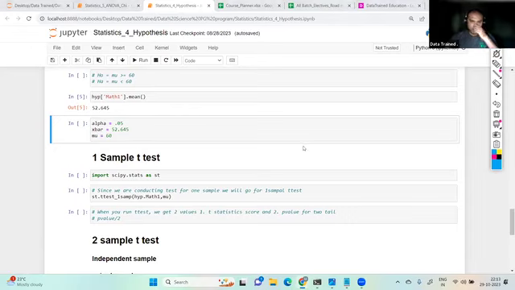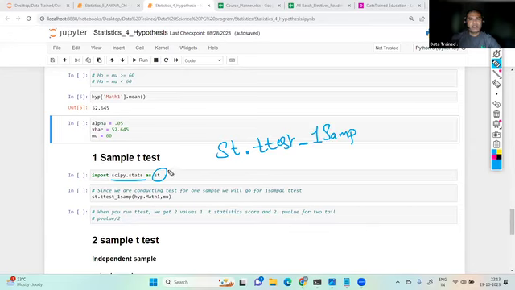So what we'll do, we'll import statistics, scipy.stats as st. Which test are we conducting? ttest_1samp, the one sample t-test, right?